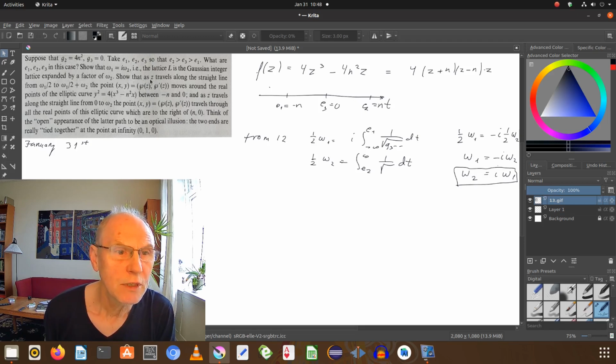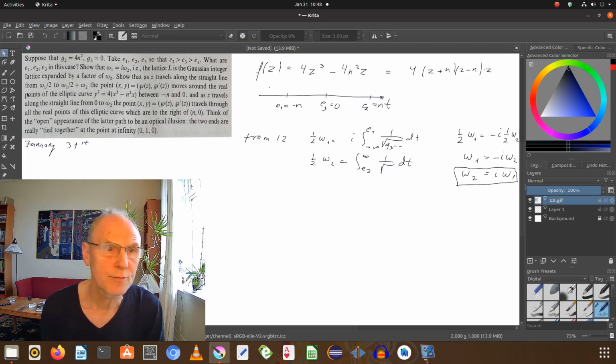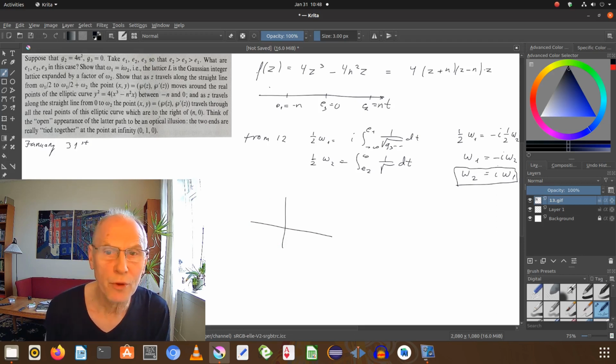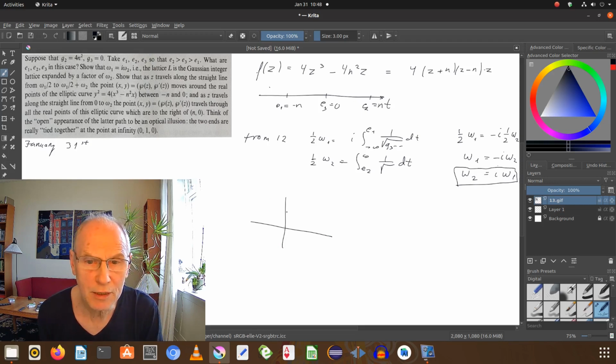Now, if z travels along a straight line from omega 1 to omega 1 plus omega 2, so omega 1 is the imaginary part here.